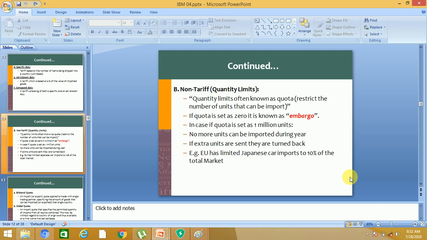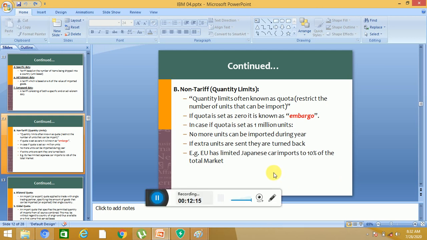Then there are some non-tariff barriers. We also call it quantity limits. Quantity limits, often known as quota, restrict the number of units that can be imported.